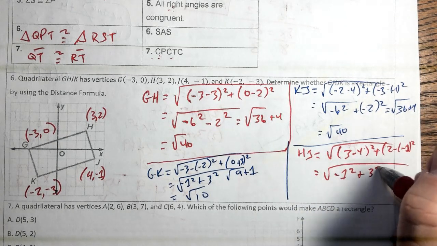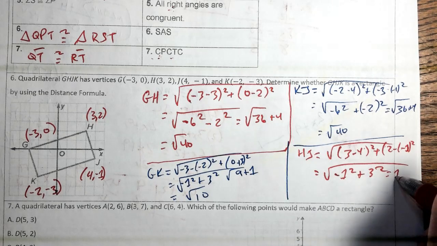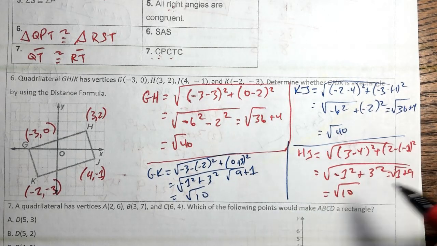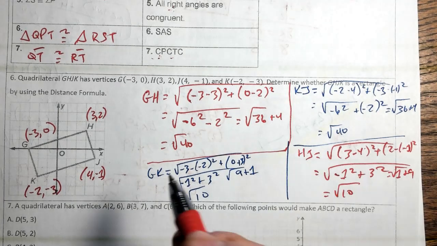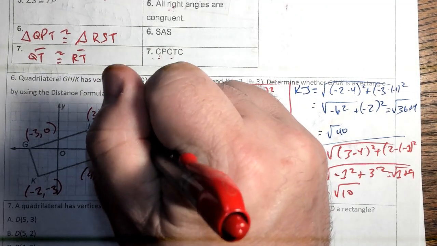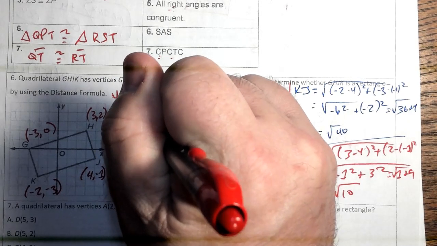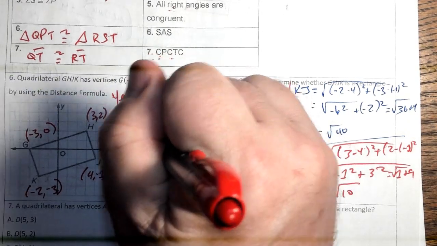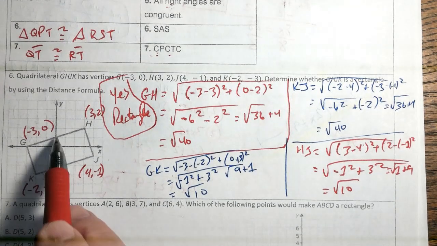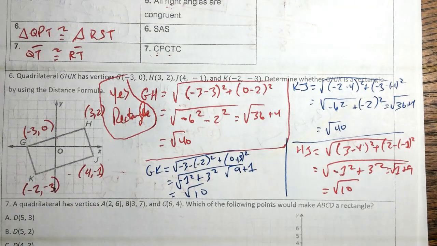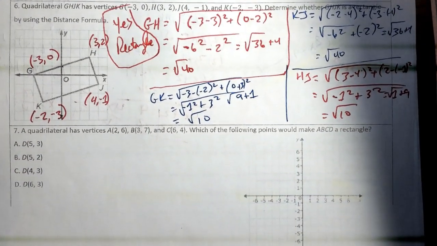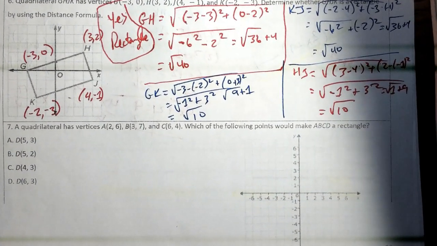That is 3 squared. 1 squared is 1. 3 squared is 9. Look where we're going, square root of 10. So, yes, it's a rectangle, and that's because our opposite sides are congruent. Sorry, we're out of room. You guys are going to be so mad about how much I'm asking you to write, but I promise it'll help you.